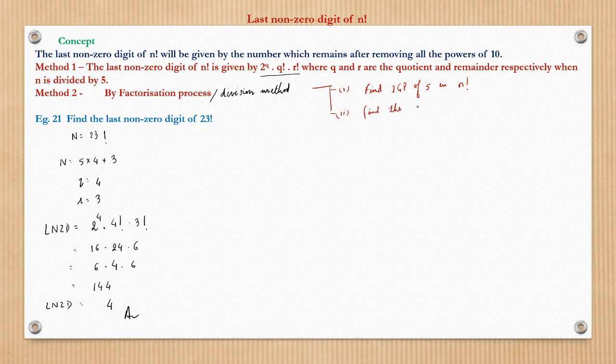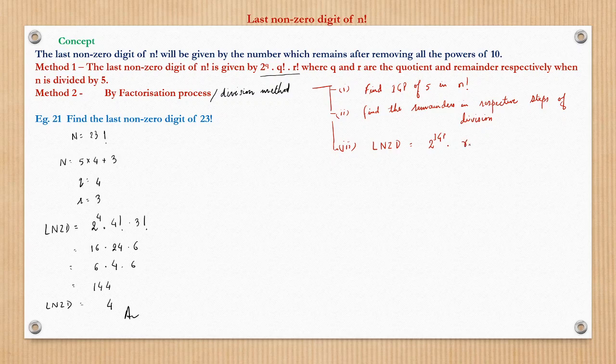The second step is to find the remainders in the respective steps of division. And the third step will give you the last non-zero digit, which is given by 2 raised to power IGP into the product of the factorials of the remainders.